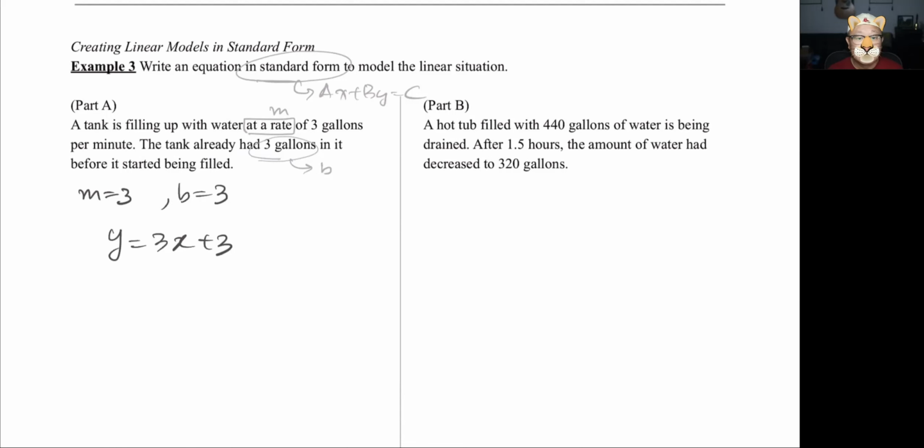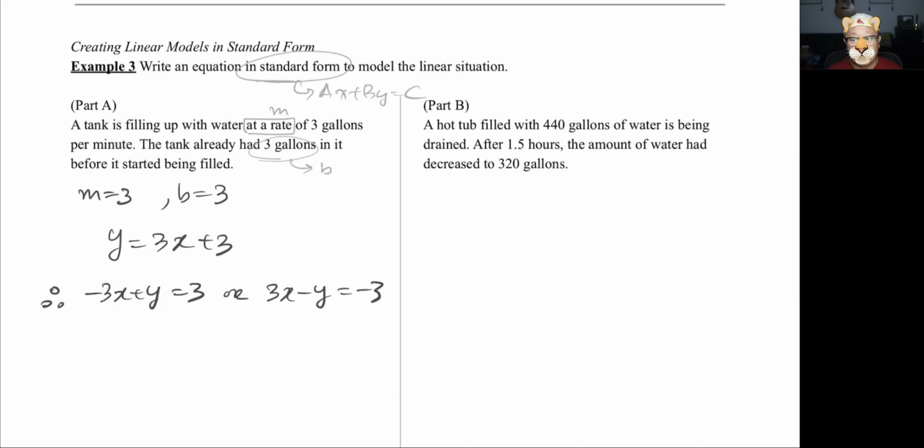In order to make it into standard form, we put the x on the opposite side. So we get negative 3x plus y equals 3. Or you could have said 3x minus y equals negative 3, depending on how you decided to do this.